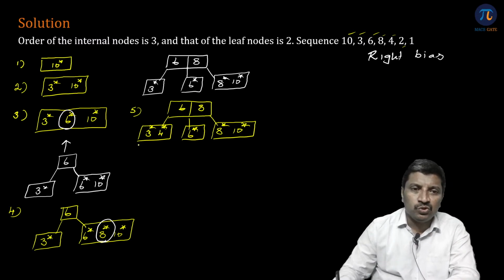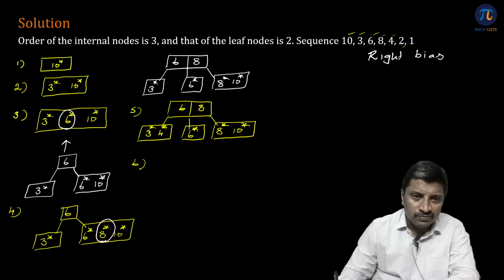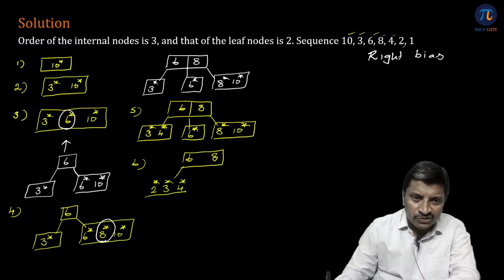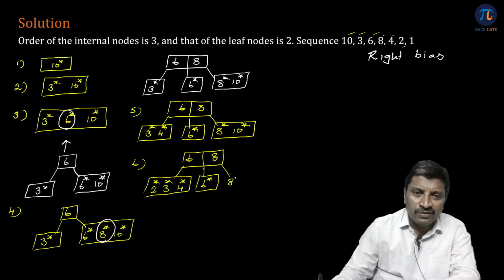Then 2 star. 2 will come to again the leftmost node. So it will be 6, 8. So it is 2, right? 2 star, 3 star, 4 star. To the middle, I have 6 star. Then we have 8 star, 10 star.